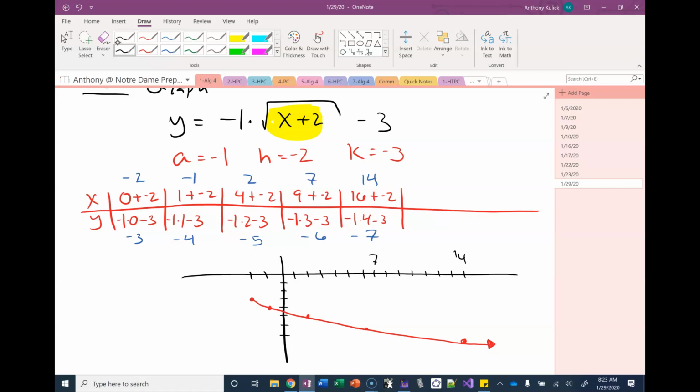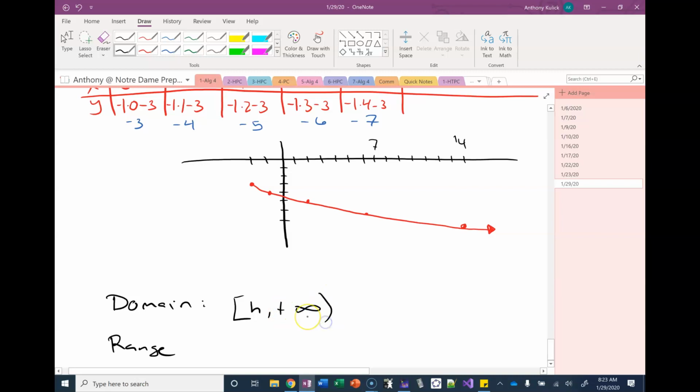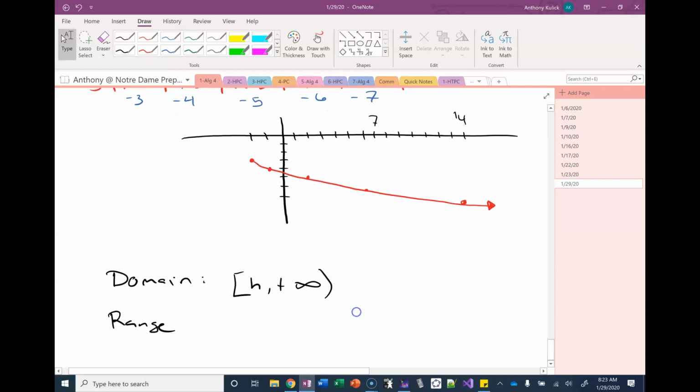I want to talk about one more thing with regard to square root graphs, and that's domain and range. The domain is quite easy, so it's always going to be h to positive infinity. The range has two situations.